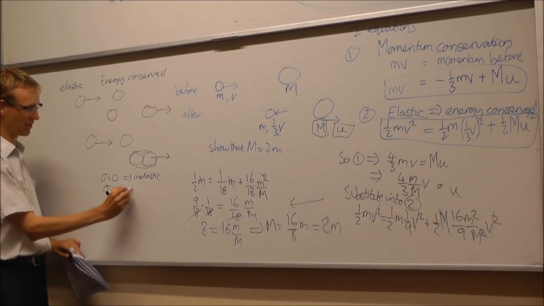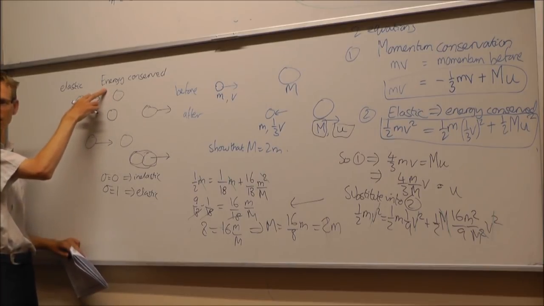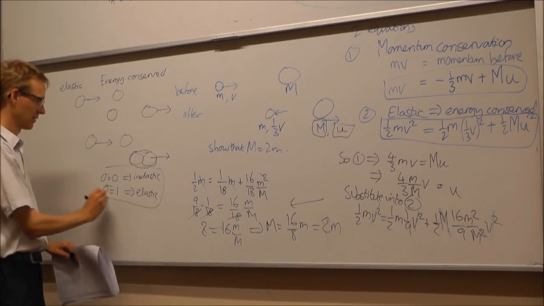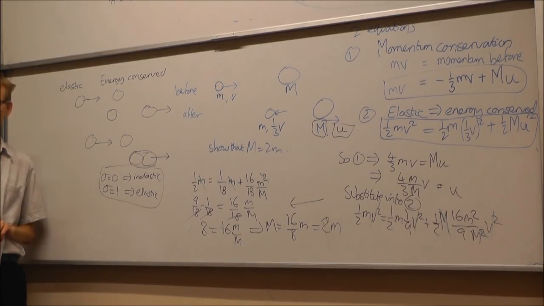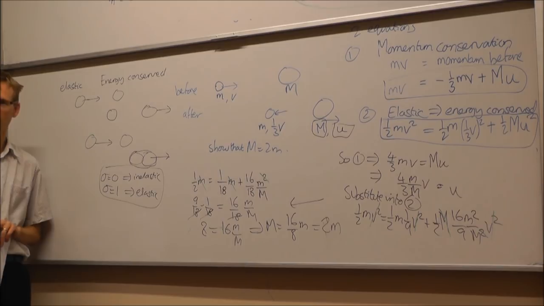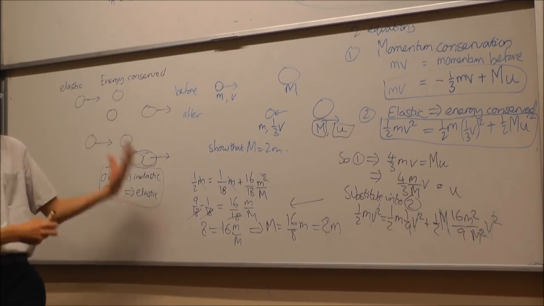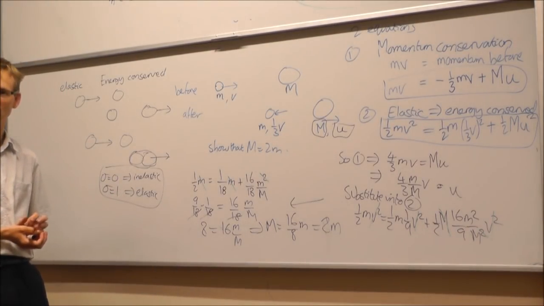Equal to 1 is elastic, the difference is the same. I've never actually thought of the in-betweens, because we teach elastic and inelastic collisions, and how do you deal with all the in-between bits? There it is. You use a coefficient of restitution. You have to have that other equation in there. You can't do it on momentum conservation alone.